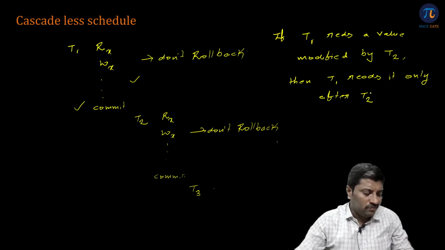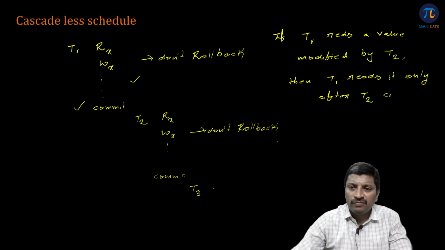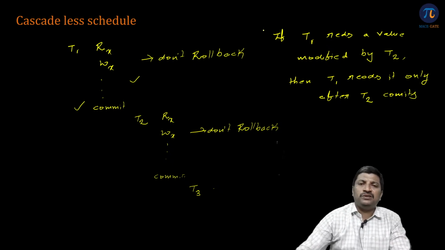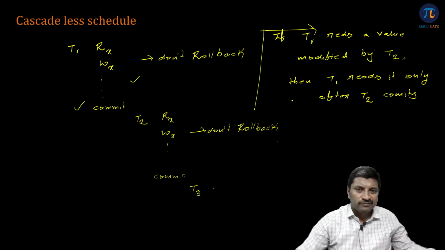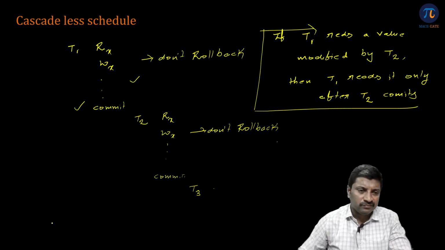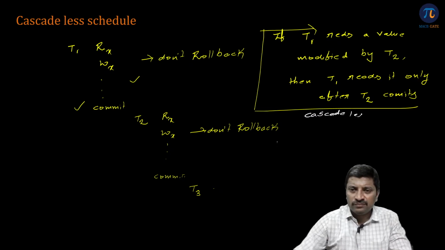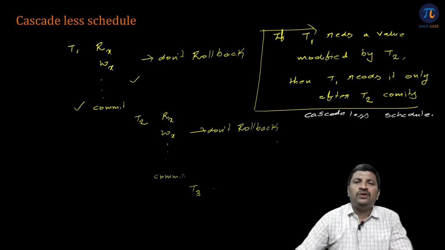Only after T2 commits. So this is the way we need to verify whether it is a cascadeless schedule or not. Hope you understood it.